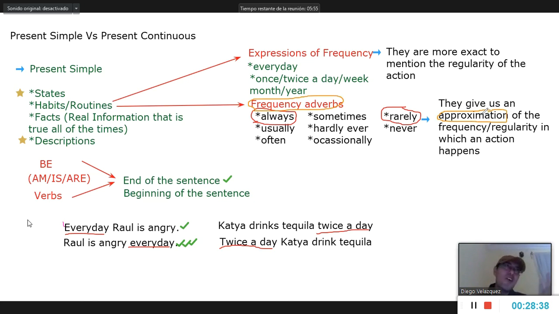Sometimes, maybe yes, maybe not, but I don't know the specific regularity. It's only an approximation. Different from the expressions of frequency, children, that in this case, they tend to be precise, okay? The number of times or the specific days in which the action happened. All clear in here?